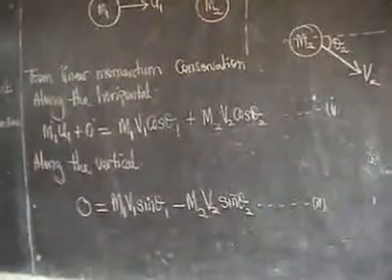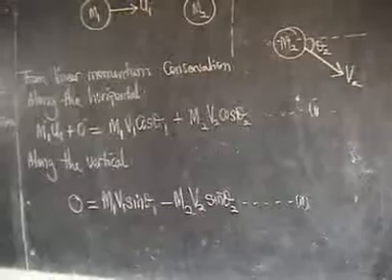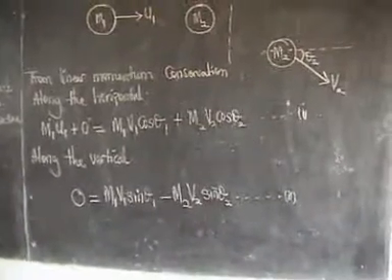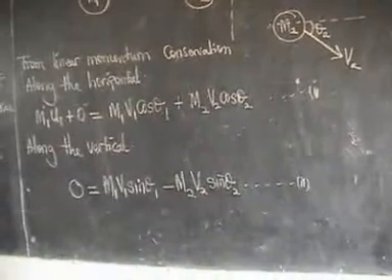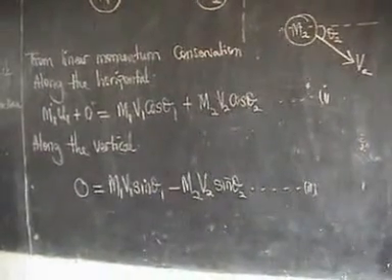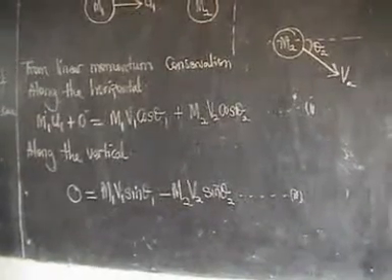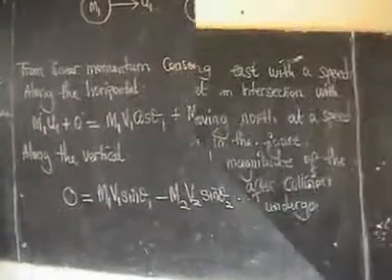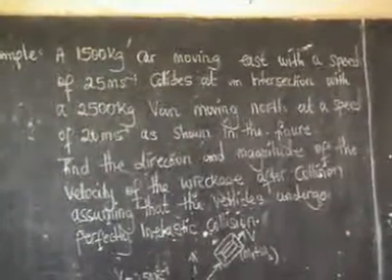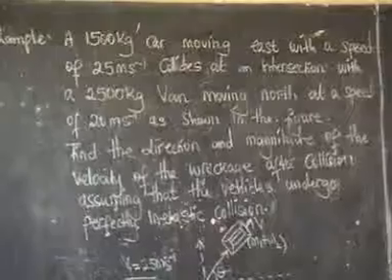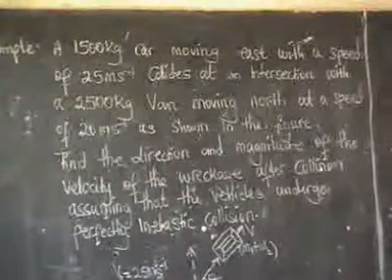So let's look at an example that may require you to apply that knowledge. We are going to use the knowledge of balancing collisions to solve for what is required.